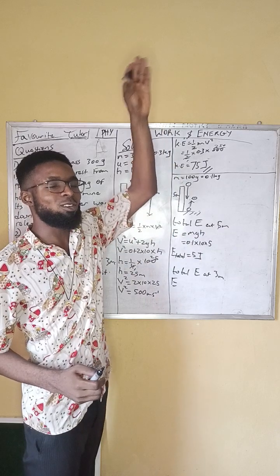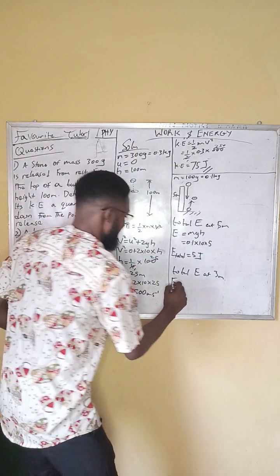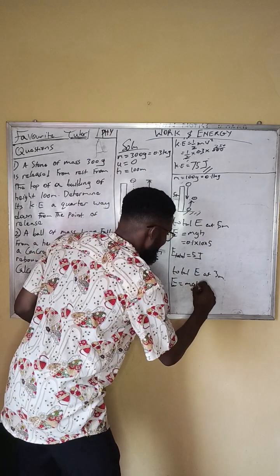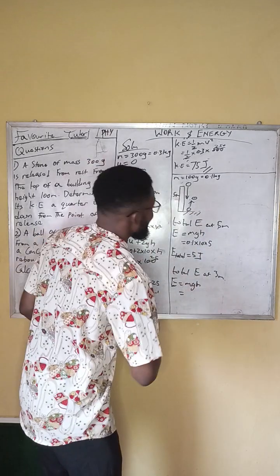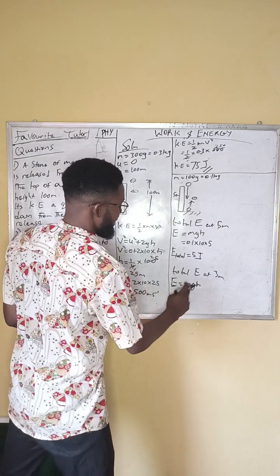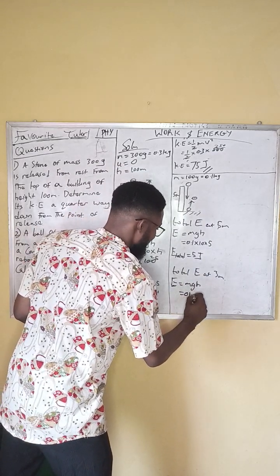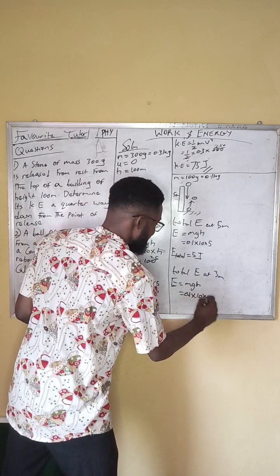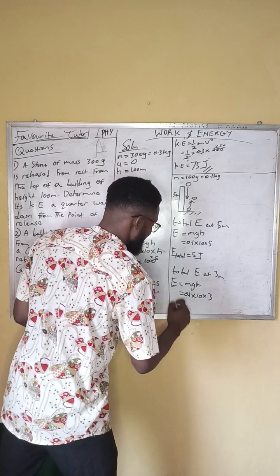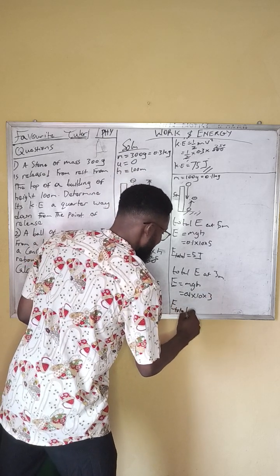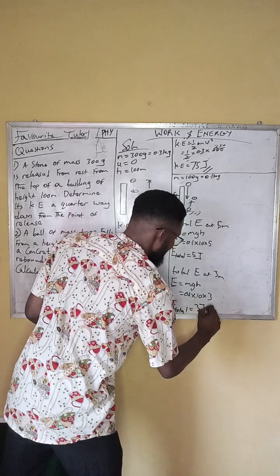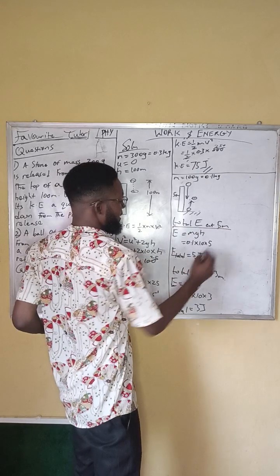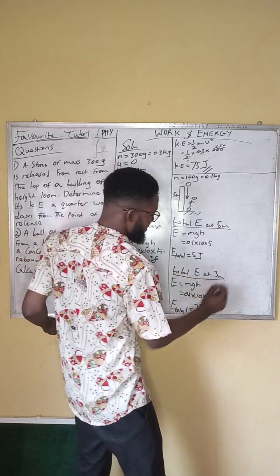Maximum height, it can no longer go further, so it's still potential energy, the gravitational potential energy, mgh. m is 0.1 times 10 times the height, which is 3. So the total energy is 3 joules. Total energy at 5 meters is 5 joules. Total energy at 3 meters is 3 joules.